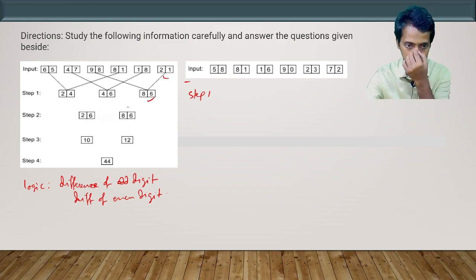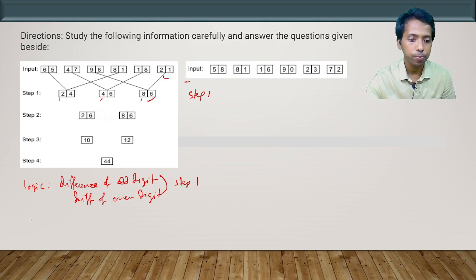Okay. Now this 2, 4, 8 can be the logic. Otherwise, this is step 1, right? In step 2, we have 24, 46. So what could it be? 2, 6, 2 into 6 is 12, right?